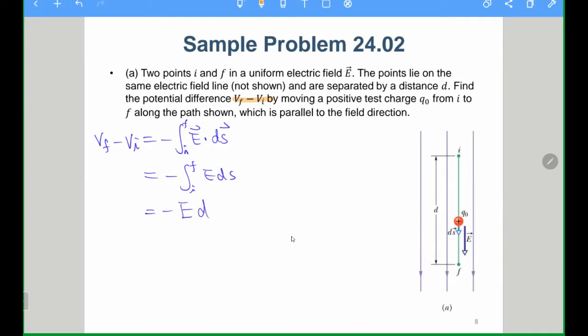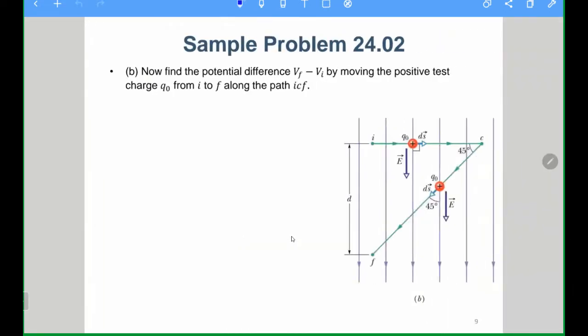D is the distance from the initial point to the final point. Okay, so we have negative ED, which is the answer to part A. Next we consider part B. Now we find the potential difference VF minus VI by moving the positive test charge from I to F along the path ICF.